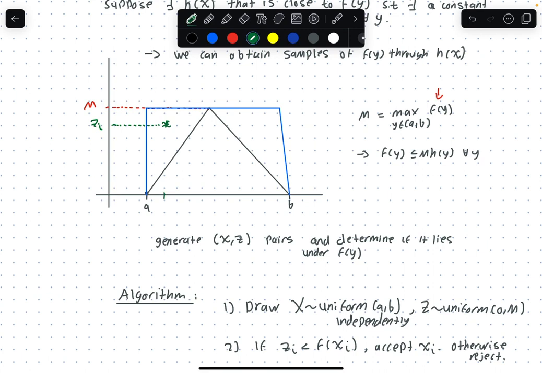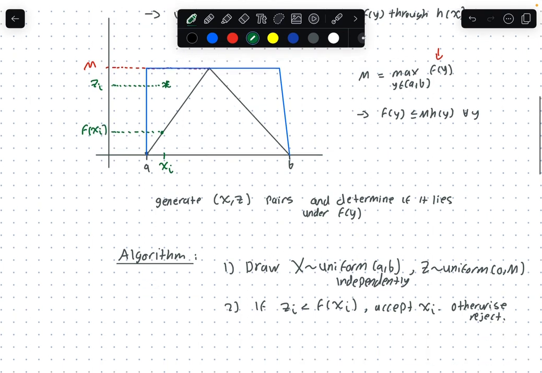And our x sub i is going to be this point over here, which means that f of x sub i is going to be right over here. And you can see that this criteria is not met. We can see that z sub i is greater than f of x sub i, and clearly the point doesn't lie under our curve.